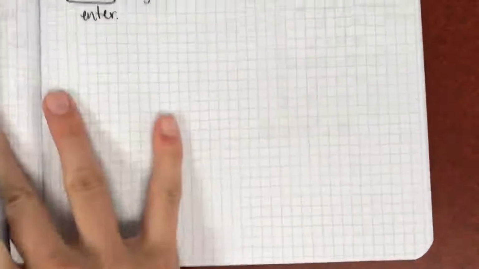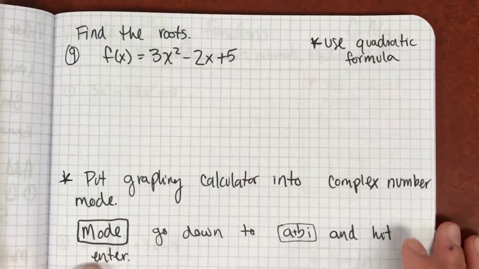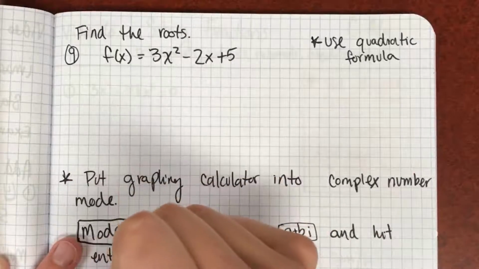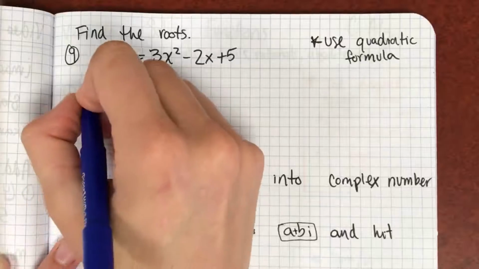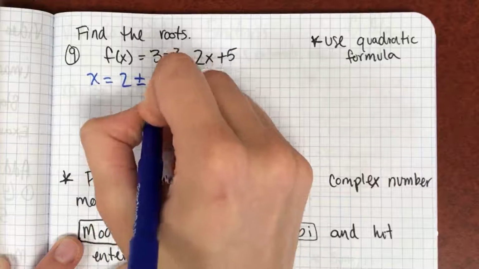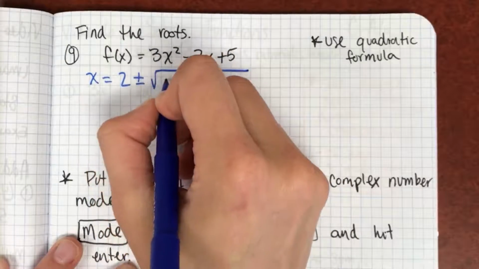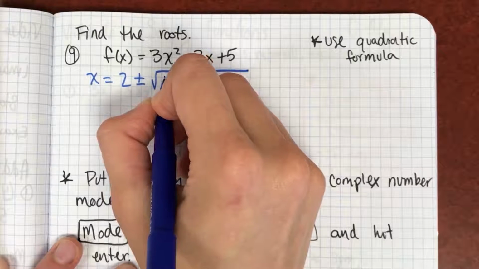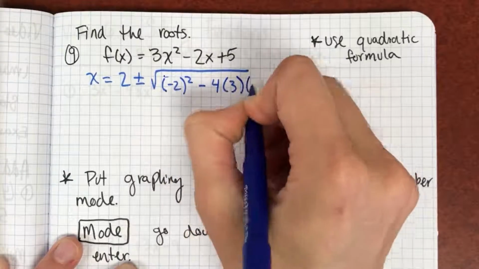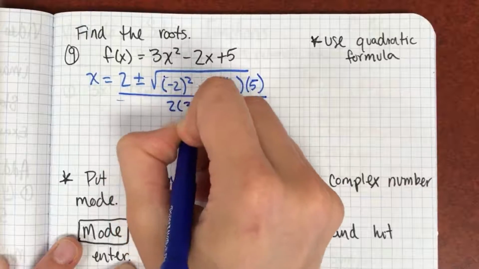All right, we've got a couple other things. We're finding roots with the quadratic formula, and we're going to have some complex answers here. With our quadratic formula, x equals negative b plus or minus the square root of b squared minus 4 times a times c all over 2a.